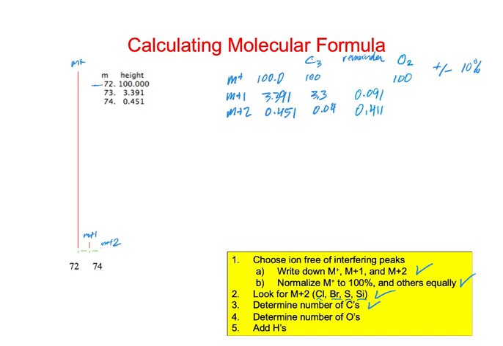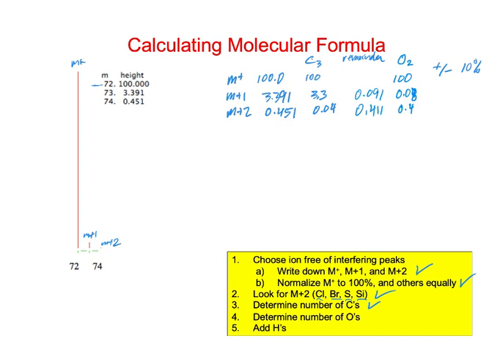It contributes to the 100% there. And then oxygen, if we look at that first table I gave you, gives 0.04 to the M plus 1 and 0. Oh, but we want to double that. 0.08 and 0.4 to the M plus 2 peak.